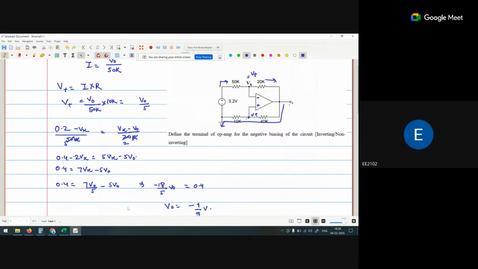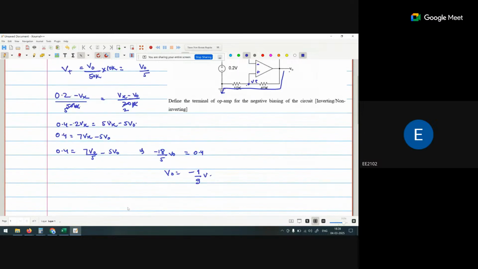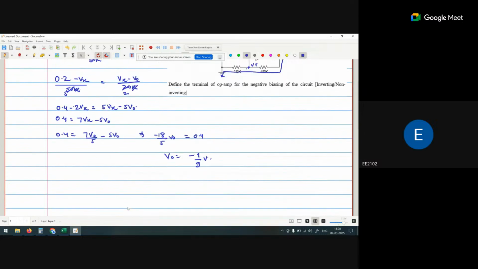From this equation, 7Vx is equal to 0.4 plus 5V naught, and Vx is equal to 0.4 by 7 plus 5 by 7 V naught. So we write the equation in the form of Vx.